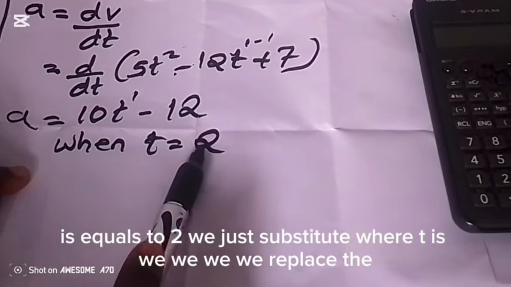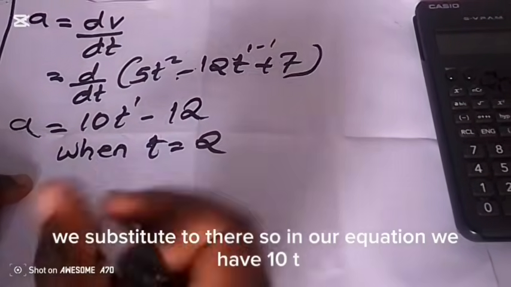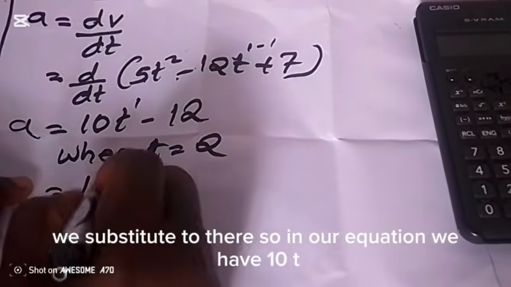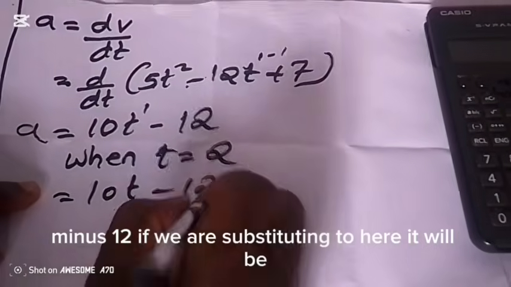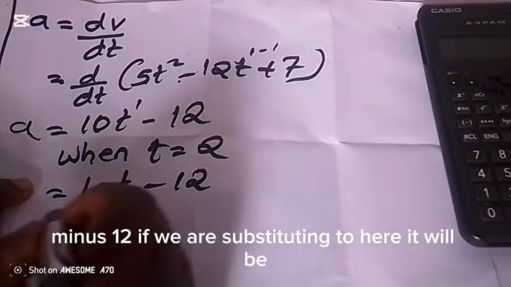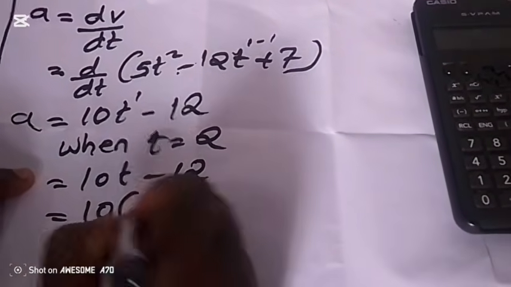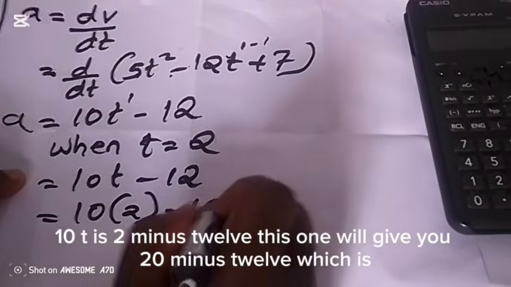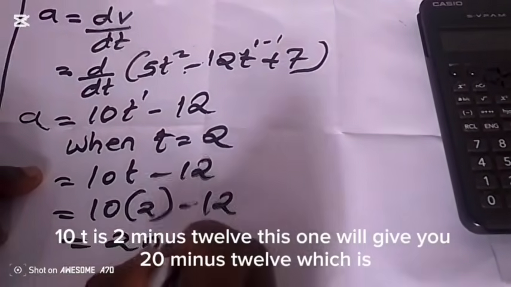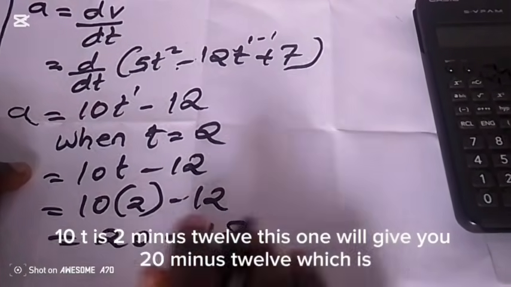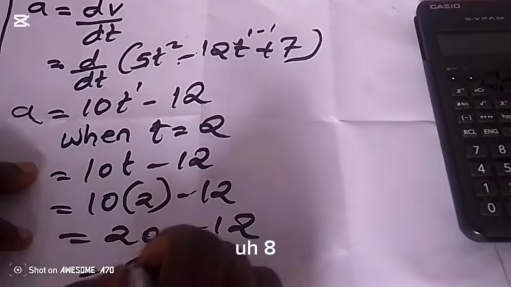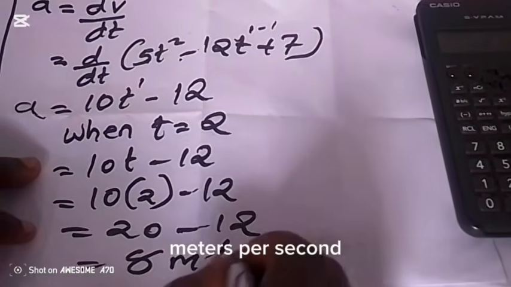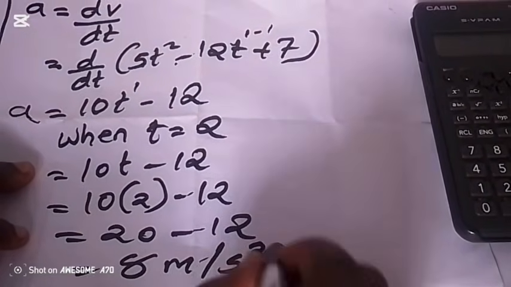In our equation we have 10t minus 12. Substituting 2 here, it will be 10 times 2 minus 12. This gives you 20 minus 12, which is 8 meters per second squared.